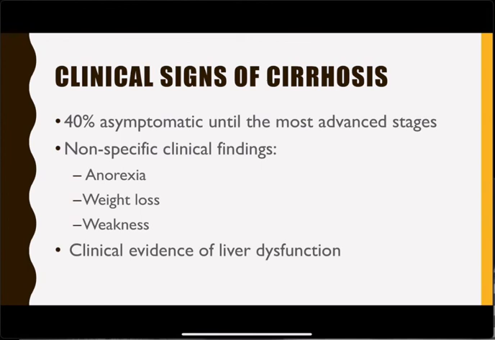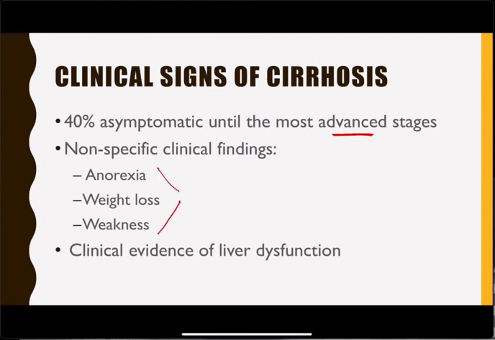The other reason it takes so long is because the clinical signs can be very non-specific. Anorexia, weight loss, weakness. It's not easy for a patient to tell that something is going wrong, especially if you're not living the most healthy lifestyle.